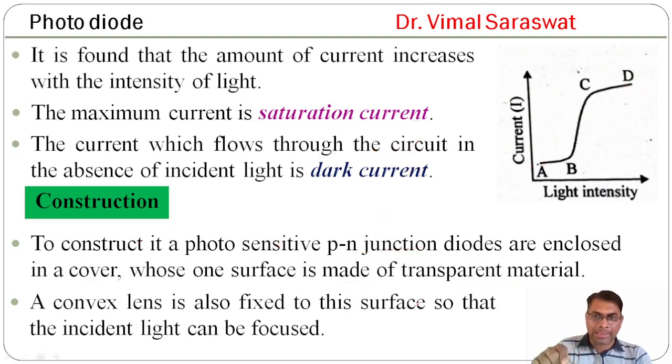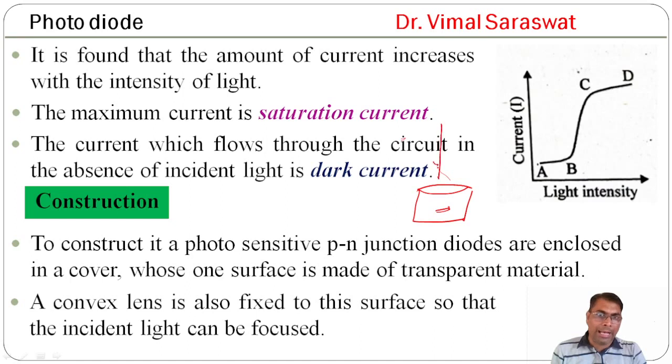A convex lens is also fixed to this surface so that the incident light can be focused. So here we have a convex lens, and in this cover we have photosensitive material.